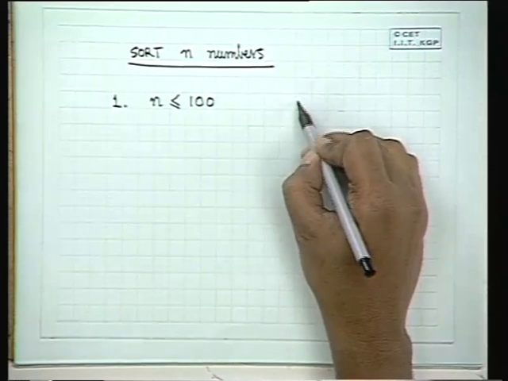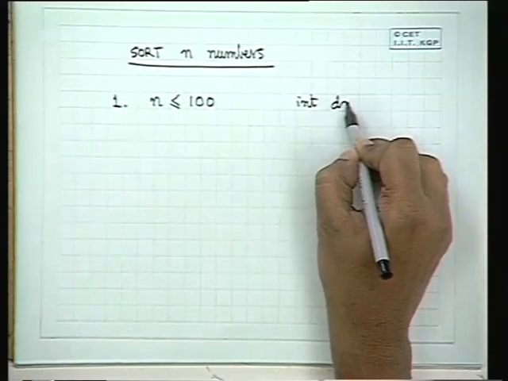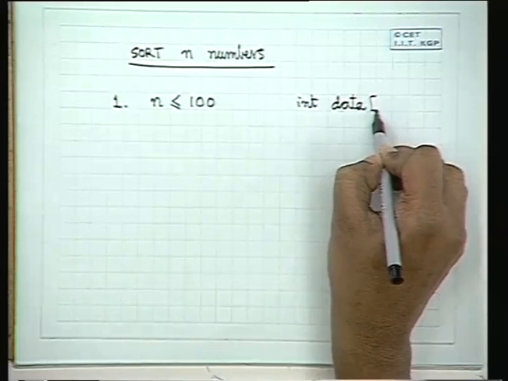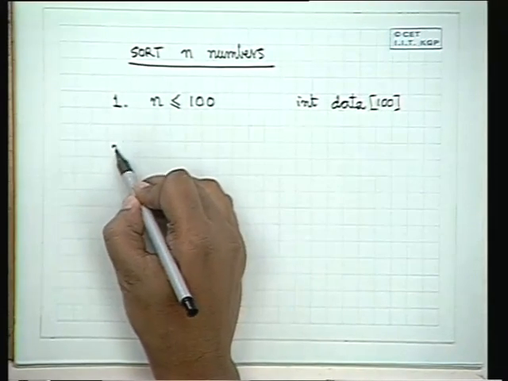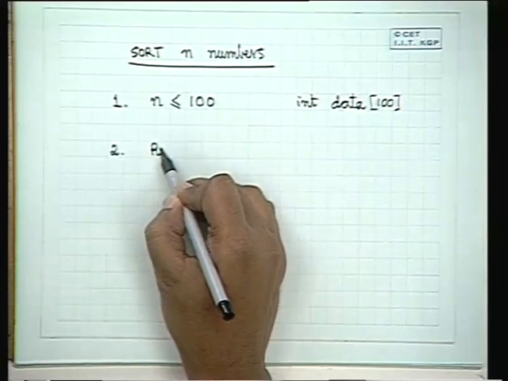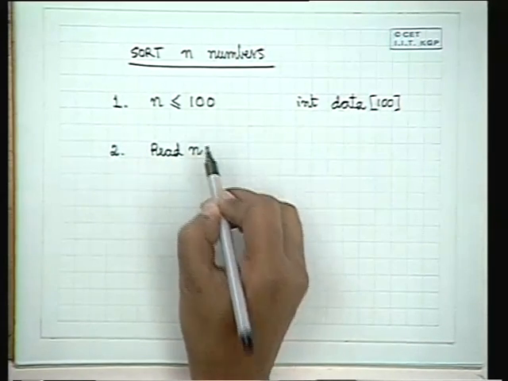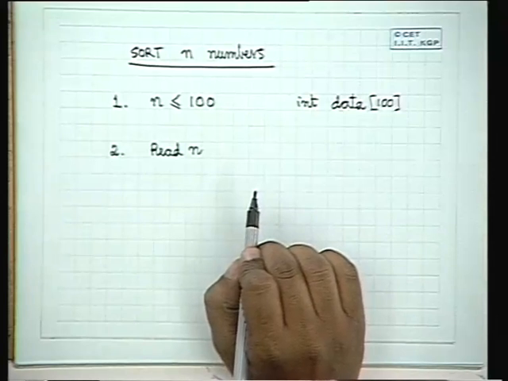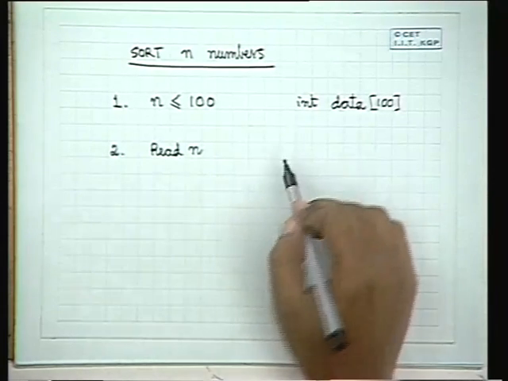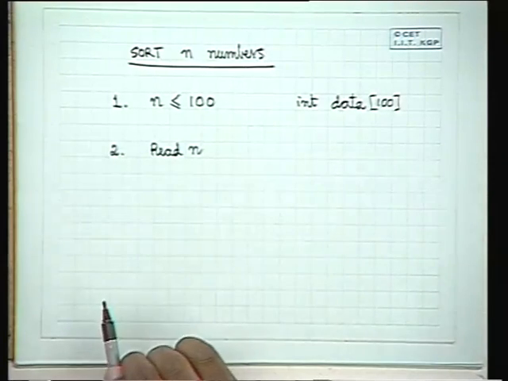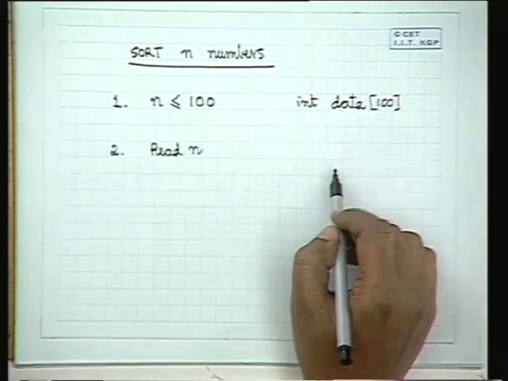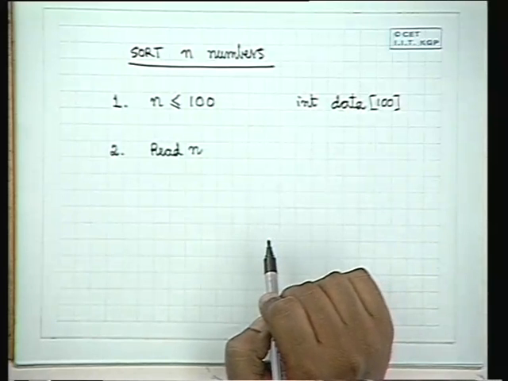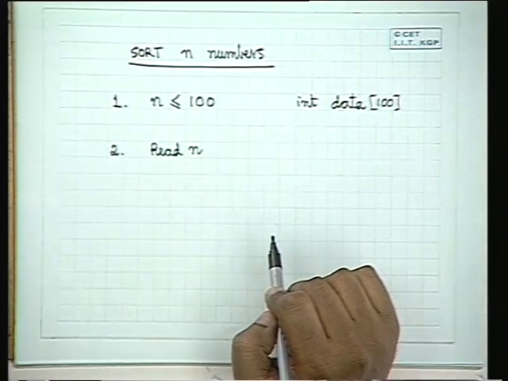Then obviously you will declare int data[100]. But if I tell you read n and I don't know what is n, then the problem is what to declare. What size will I declare? 200, 300, 400, 900? Whatever you declare, the requirement may be more than that.